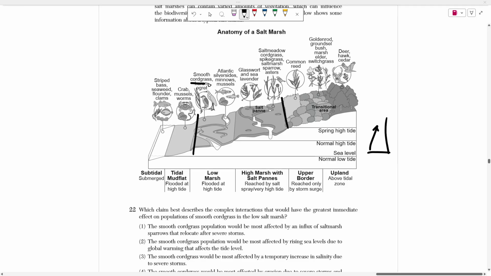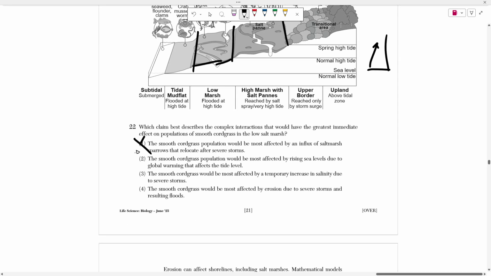Remember that the cordgrass population in the low salt marsh specifically, we don't know if those birds are going to eat the cordgrass. We don't know if they're going to fertilize the cordgrass, so we don't know the immediate impact on their population, right? If they said that the sparrows were a consumer of cordgrass, then we'd be able to say, yeah, it would decrease their population, but because that information isn't stated, we can't conclude that will have an impact.